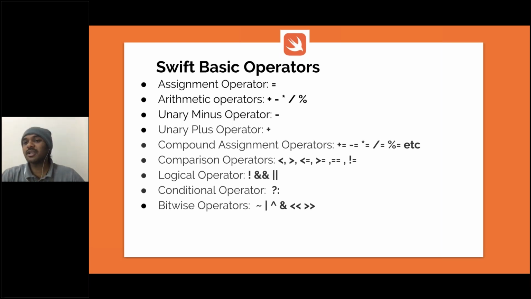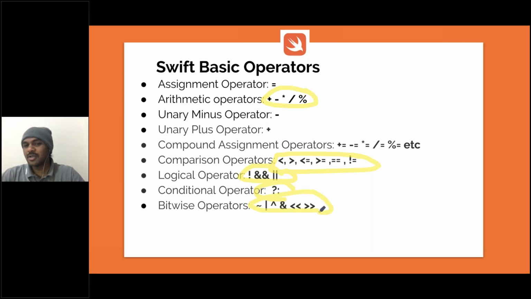When you want to perform any kind of basic arithmetic operations, you can go for the arithmetic operators like addition, subtraction, multiplication, division, anything. If you want to compare or write conditions, you have to go with relational operators: less than, greater than, less than or equal to, greater than or equal to. If you want to write logical operations, then logical and, or, and the conditional ternary operator. We will discuss according to requirement.